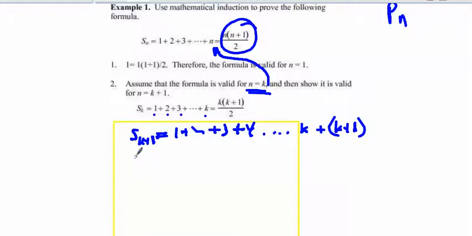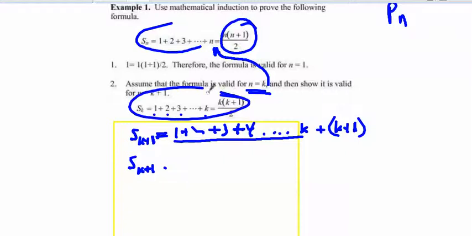And we know that S of k plus 1 is that thing above. And this first clump is the same as this up here, isn't it? So we know that k times k plus 1, all divided by 2, is the first chunk, and then we have plus k plus 1. So that must be equal to S of k plus 1.